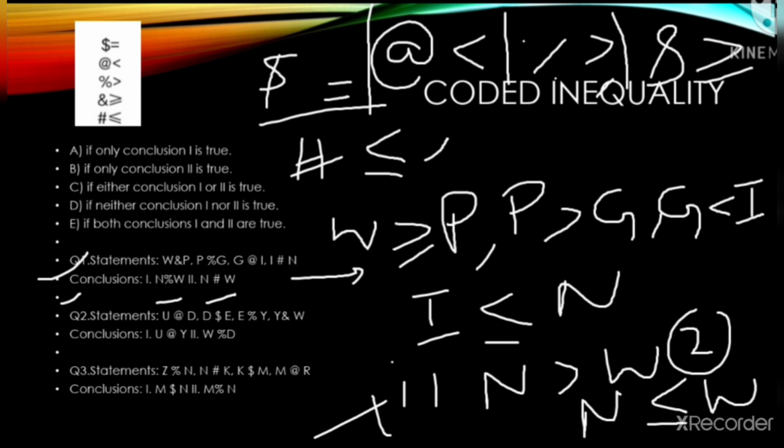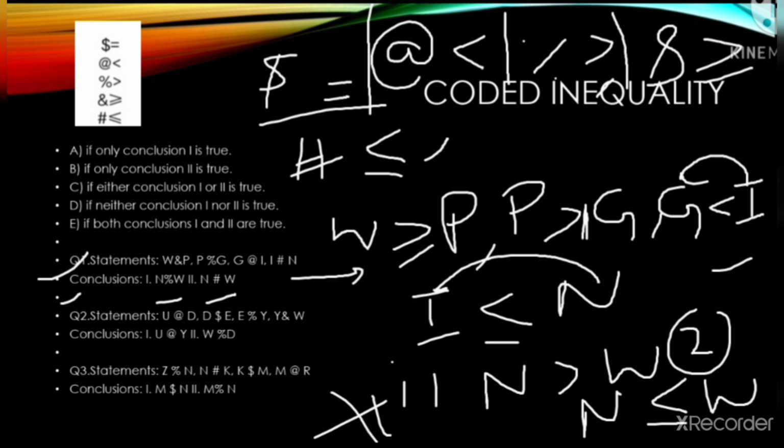Fine. So what we need to see is whether N is making the relationship of greater than with W in this particular statement or not. So what we need to check, N can go to I, and from I it can move on to G, but after G it is restricted to move further. So in this way it goes wrong.